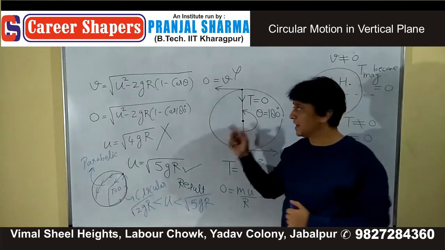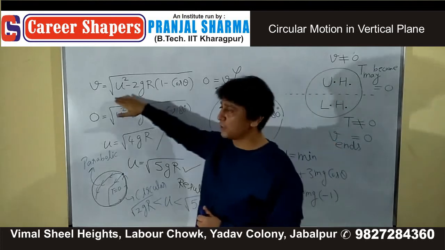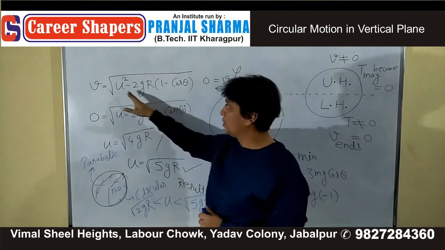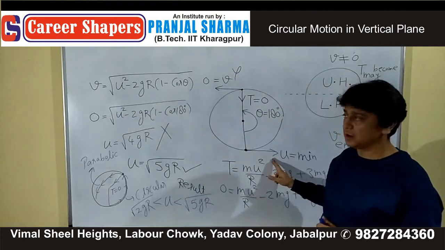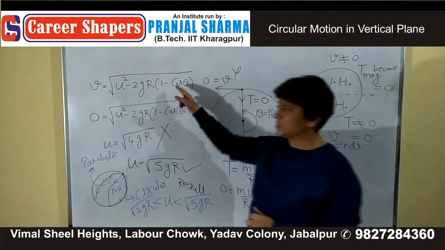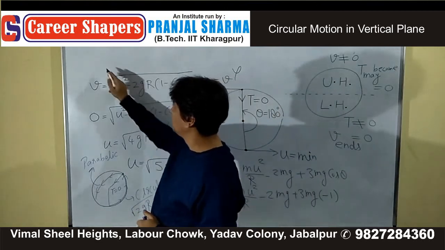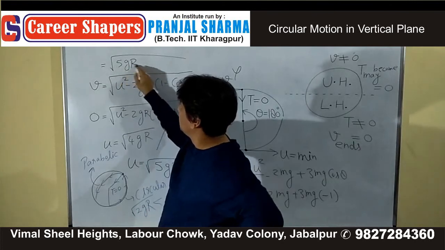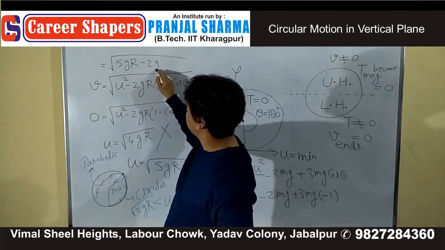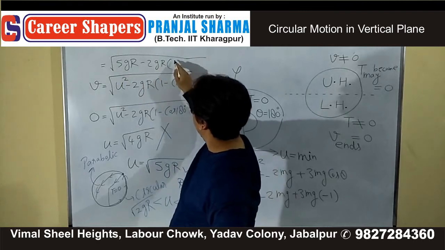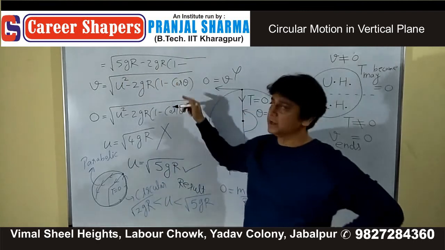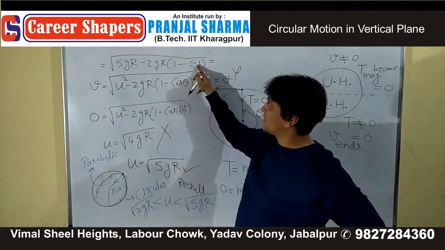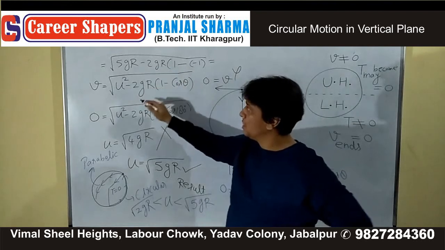Now, we need velocity at the highest point. That means we need this formula, which gives us u and theta. What is u? Root 5 gr. What is theta? 180. V is coming root over 5 gr minus 2 gr times 1 minus cos 180. 1 minus cos 180 is 1 minus minus 1, which is 2. 2 into 2, 4.